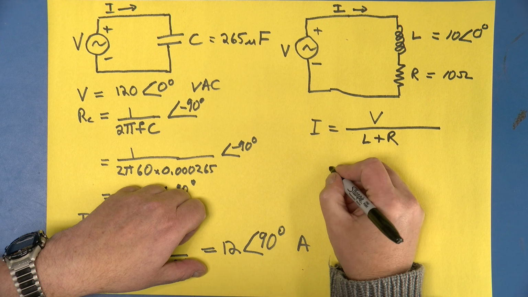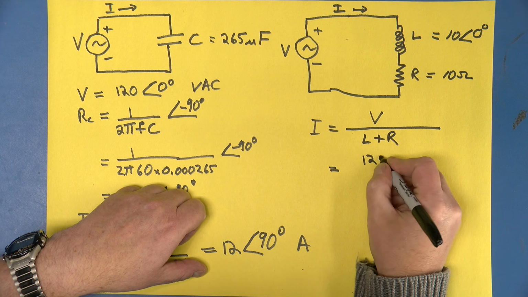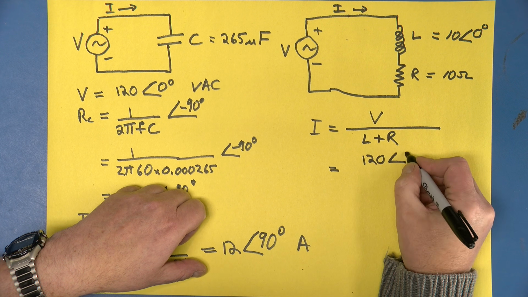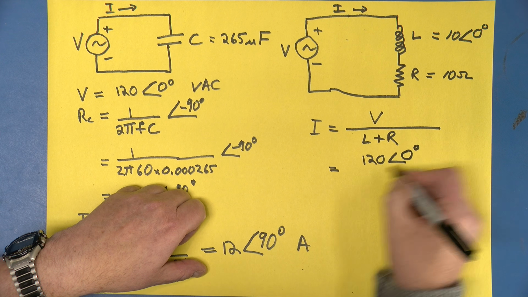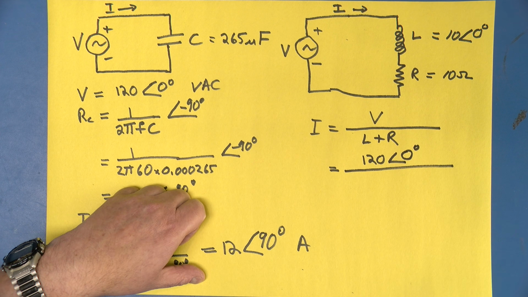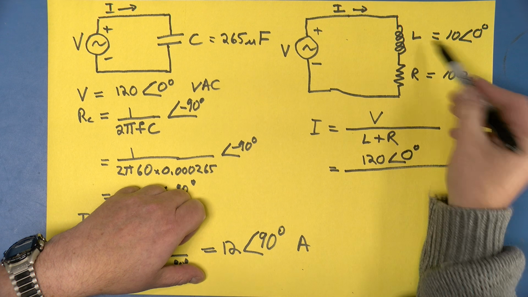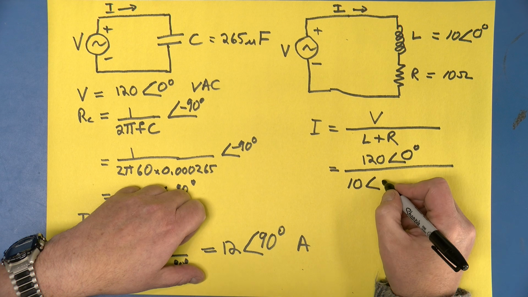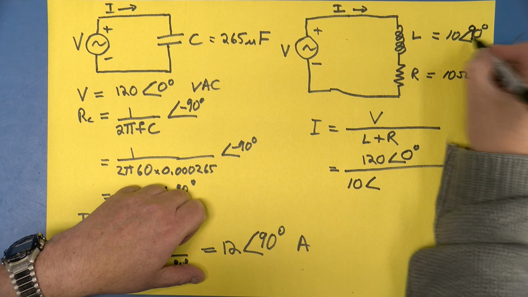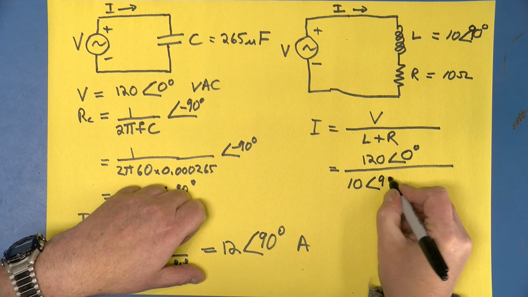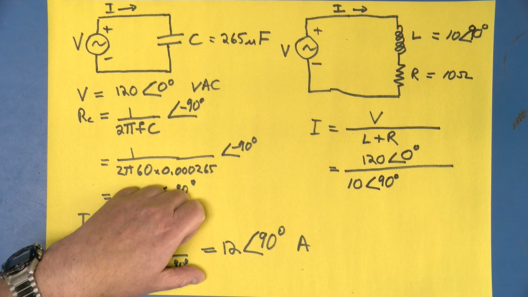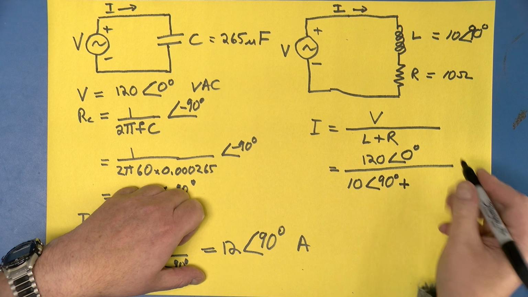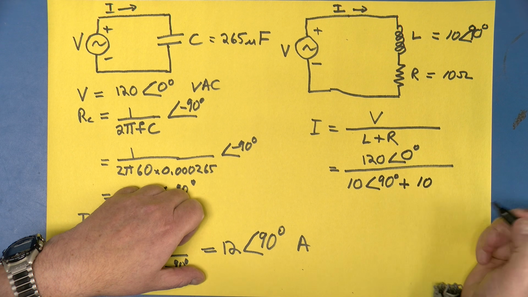And if we fill in some numbers, we get 120 volts at an angle of 0 degrees. And what we'll also do is now put in L, which is 10 at an angle of 90 degrees. And we will add to it 10 ohms.